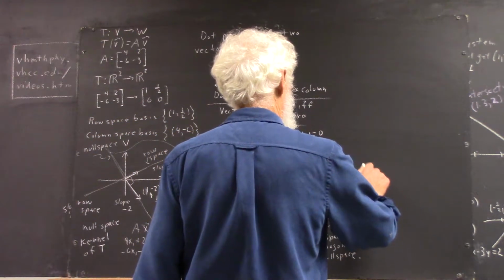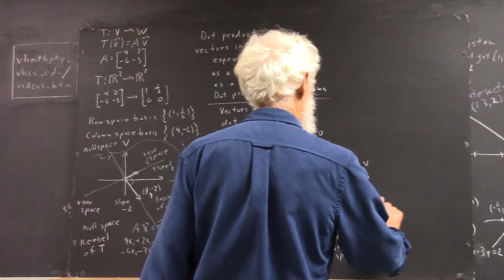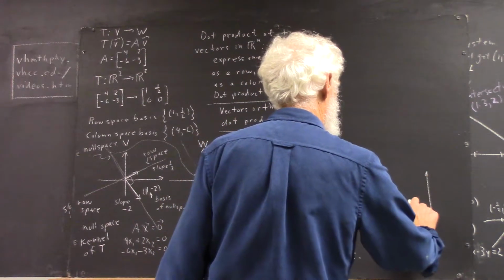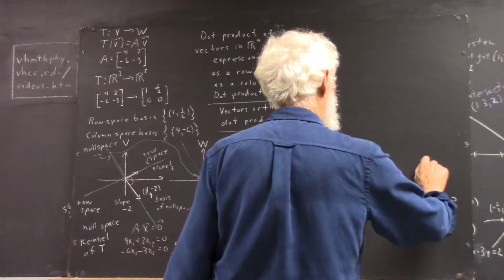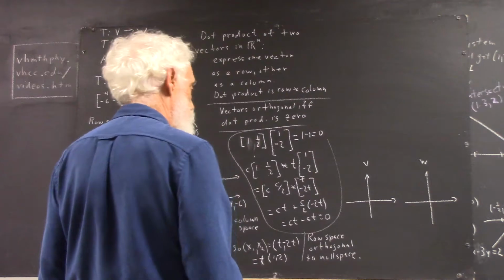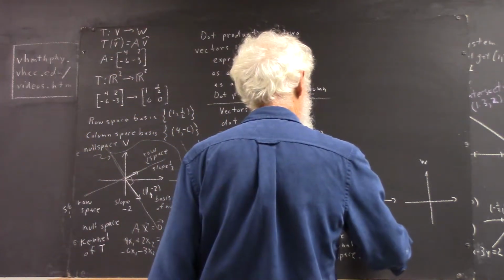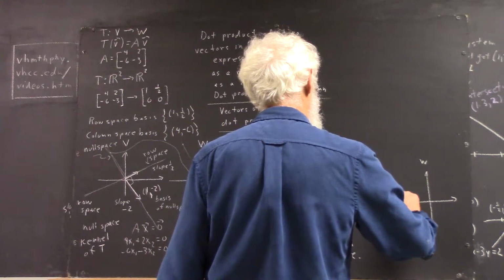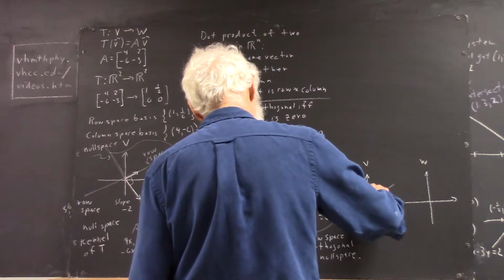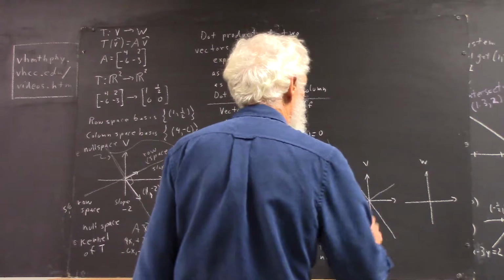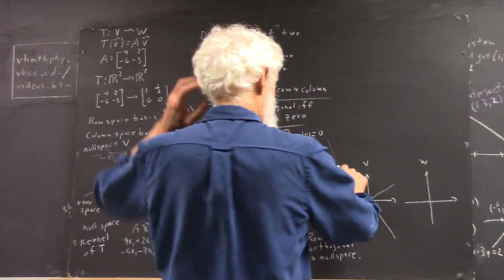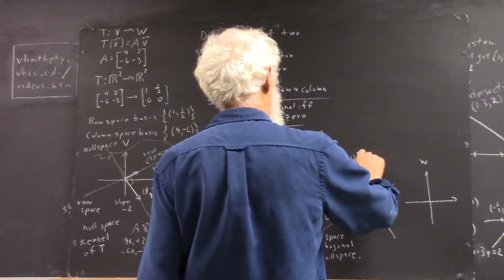So here's V. And here's W. We have a row space, and we have an orthogonal null space. Always orthogonal.